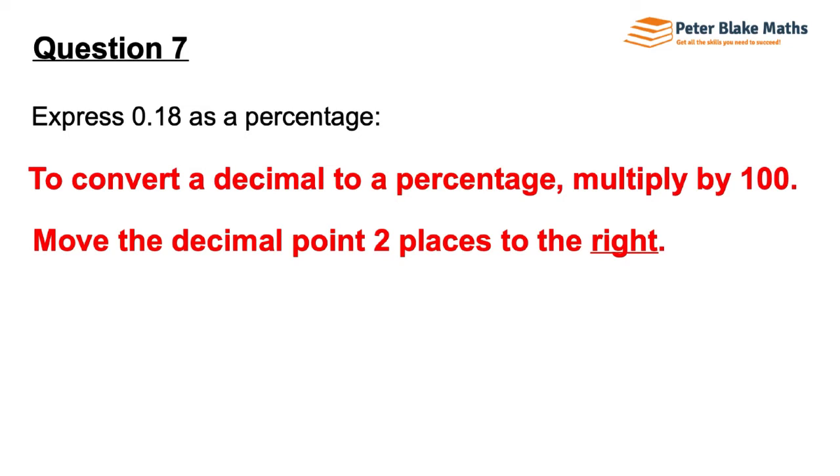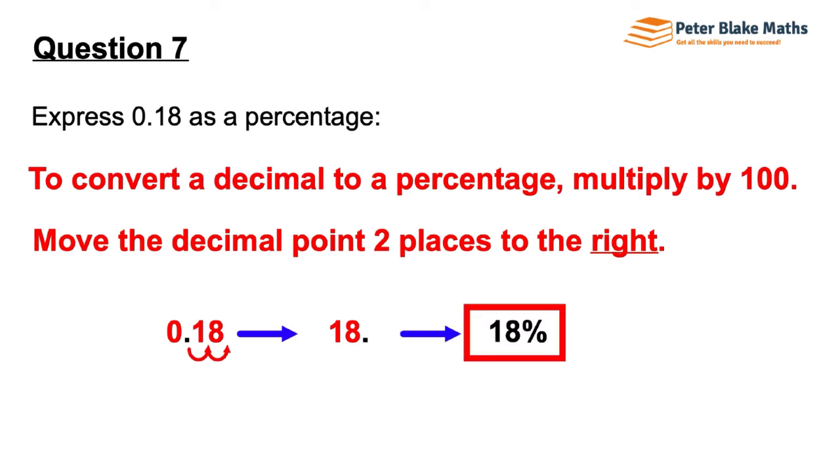When we multiply by 100, we move the decimal point 2 places to the right. So in 0.18, if we move the decimal point 2 places to the right, we'd end up with a 1 and an 8 and then a decimal point. We don't really need to write that decimal point in when it's off to the right of the last digit like that. So we can just express it as 18%.